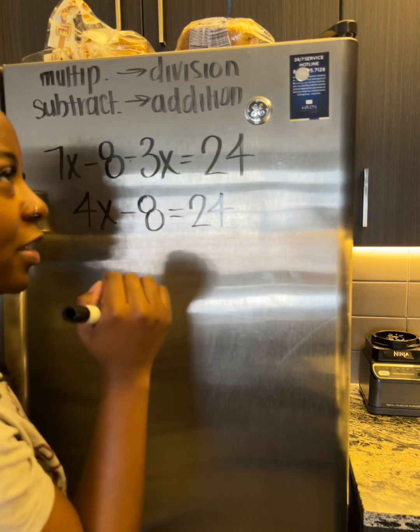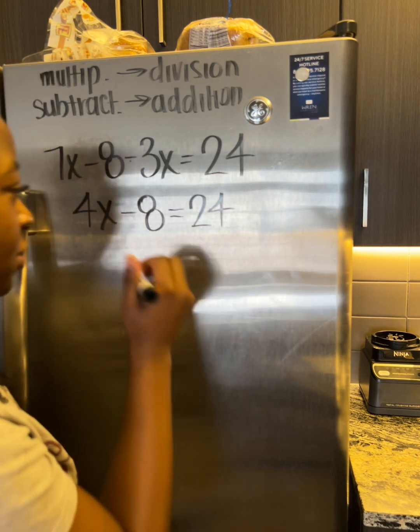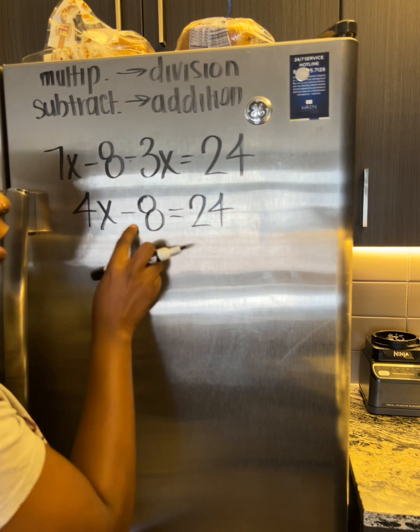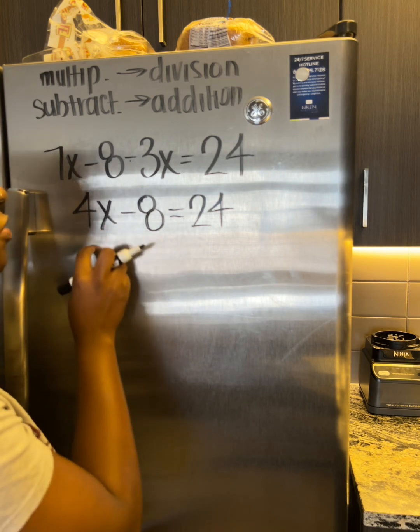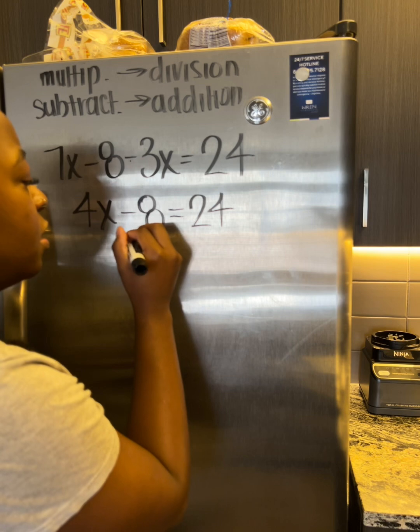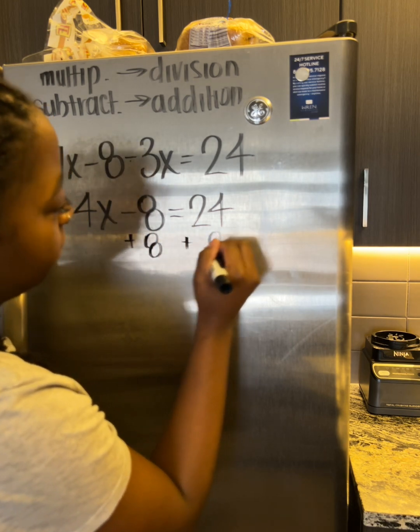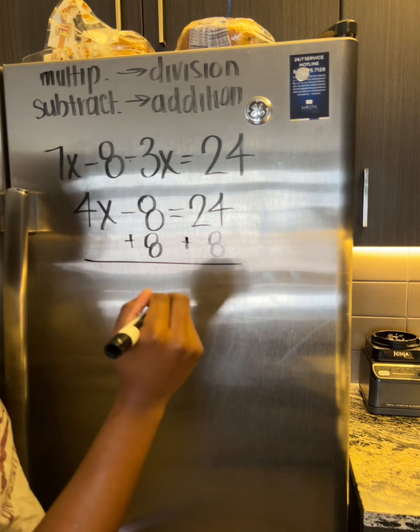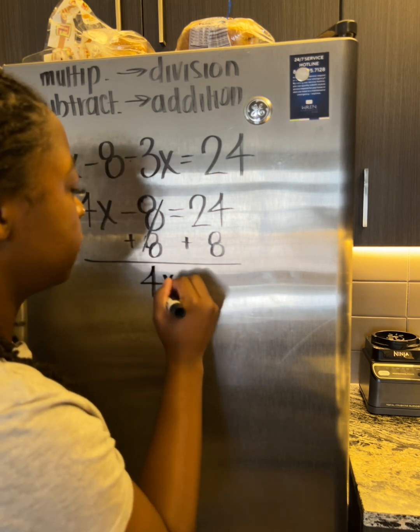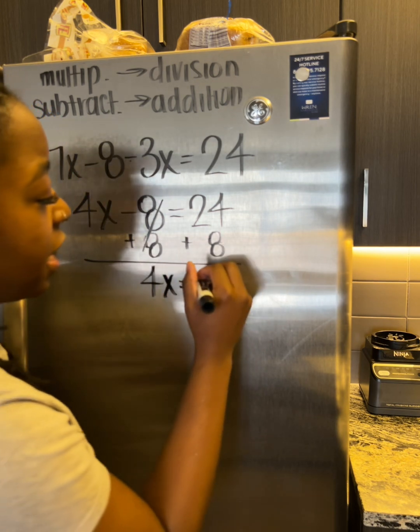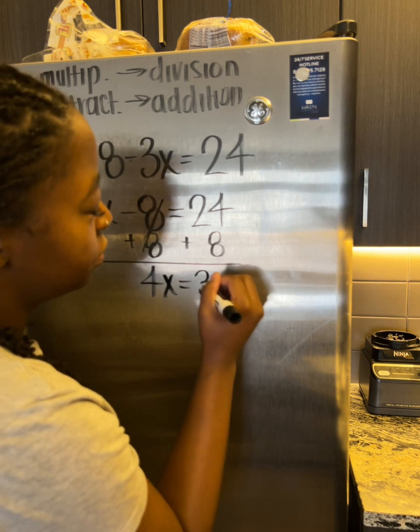Now we have a what? A two-step equation. And so I am multiplying and subtracting, so I know I'm going to end up dividing and adding. So I'm going to add 8 on both sides. 4x equals 24 plus 8, which is 32.